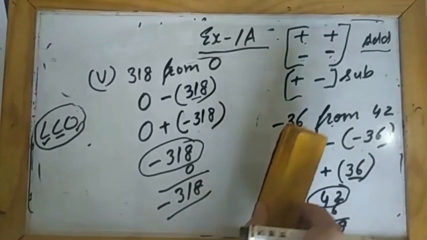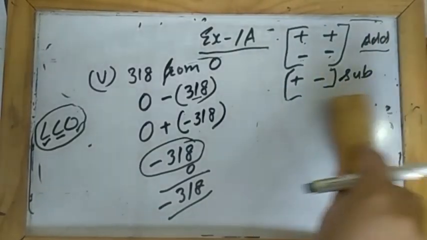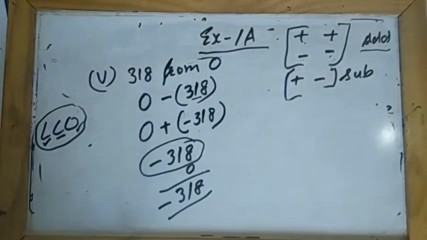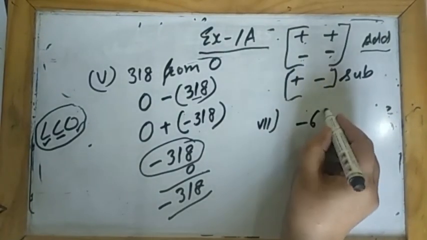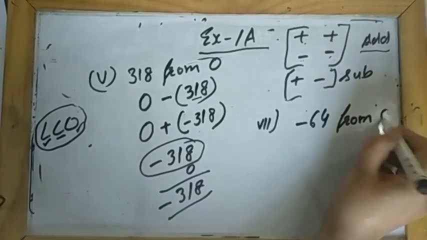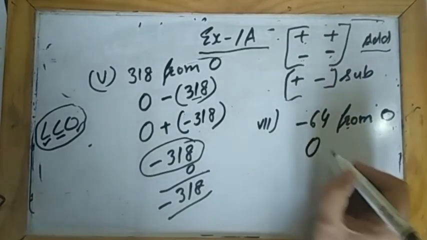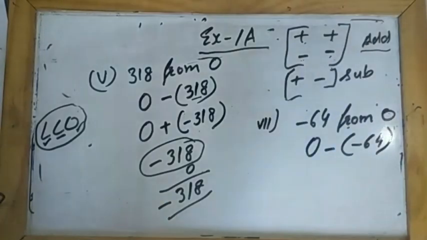Now I'll do one more part. I'll do the seventh part, which says minus 64 you have to subtract from 0. Means from 0 I have to subtract minus 64.